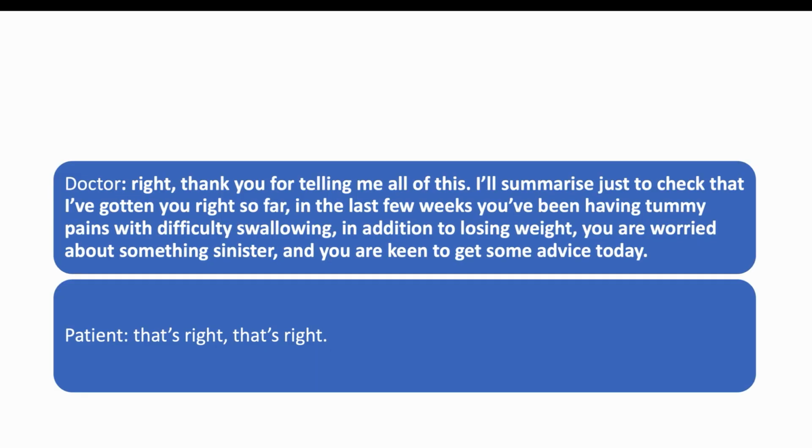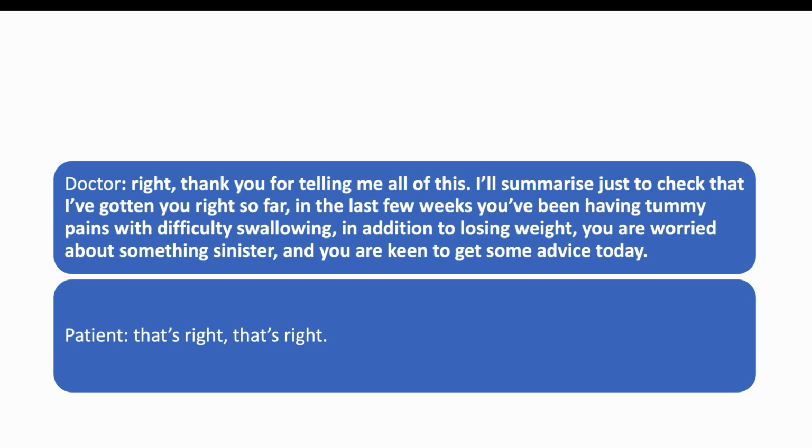However, in a GP consultation or in a primary care consultation, summaries are mainly important before discussing diagnosis and management plan with the patient. I'll give you some examples. The doctor is summarizing now. Doctor: Right. Thank you for telling me all of this. I'll summarize just to check that I've gotten you right so far.